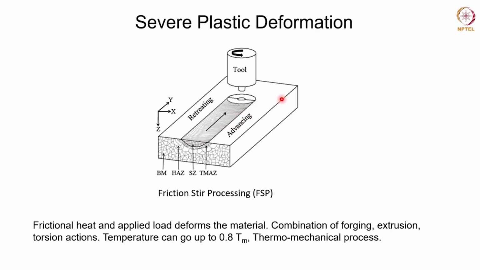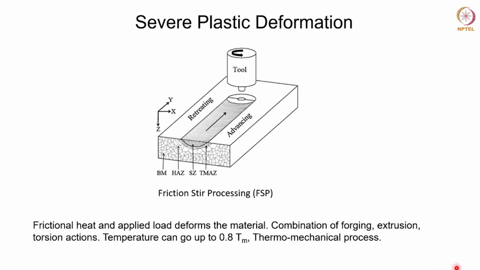And the temperature in this case can go up to 80% of the melting point, and hence you can say that this is a thermomechanical process. A thermomechanical process, as you might know, is a deformation process which is done at high temperature.